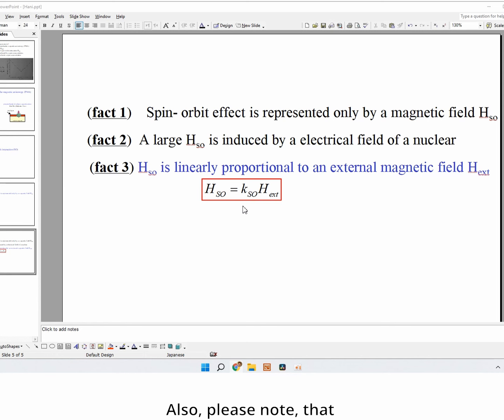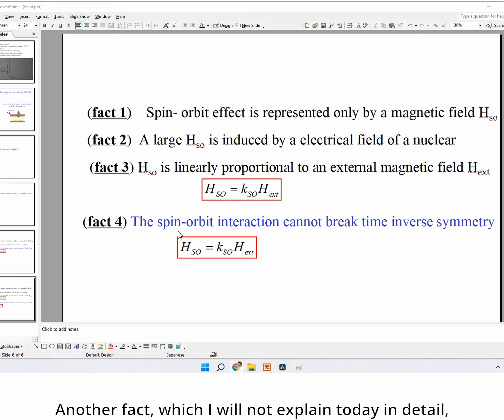Also, please note that in the case of a non-symmetric orbital, for example of the p or d symmetry, the story is slightly different, but the conclusion is the same. The magnetic field of spin-orbit interaction is linearly proportional to the external magnetic field.